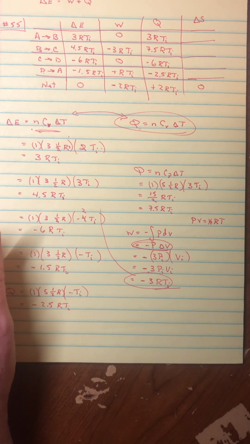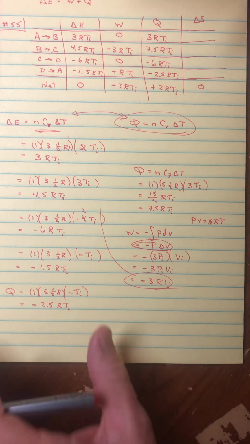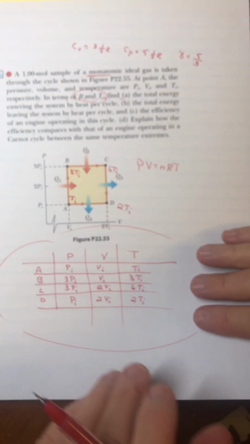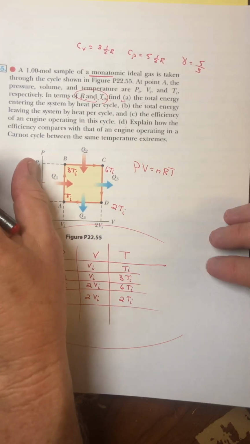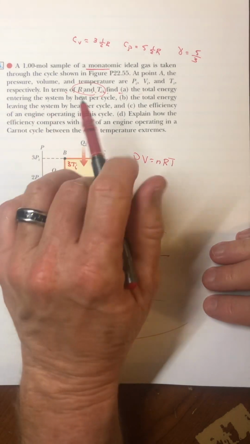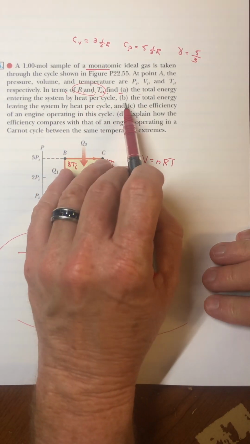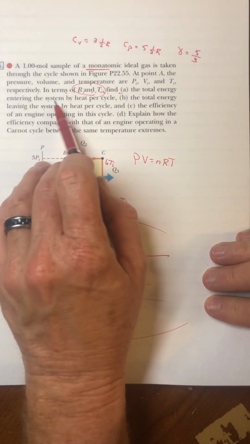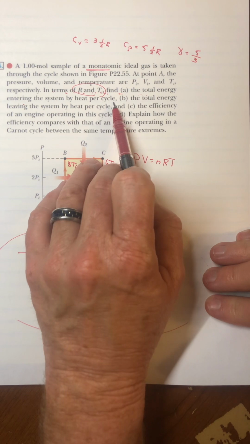Everything seems to match. Now, at this point, I just filled in this whole table without really looking back at what the questions were asking. So let me come back here. Maybe I didn't need to do everything, but I think it'd probably be best for illustration purposes that I did everything in that column, and maybe even entropy in a second here. But it says, find the total energy entering the system by heat.